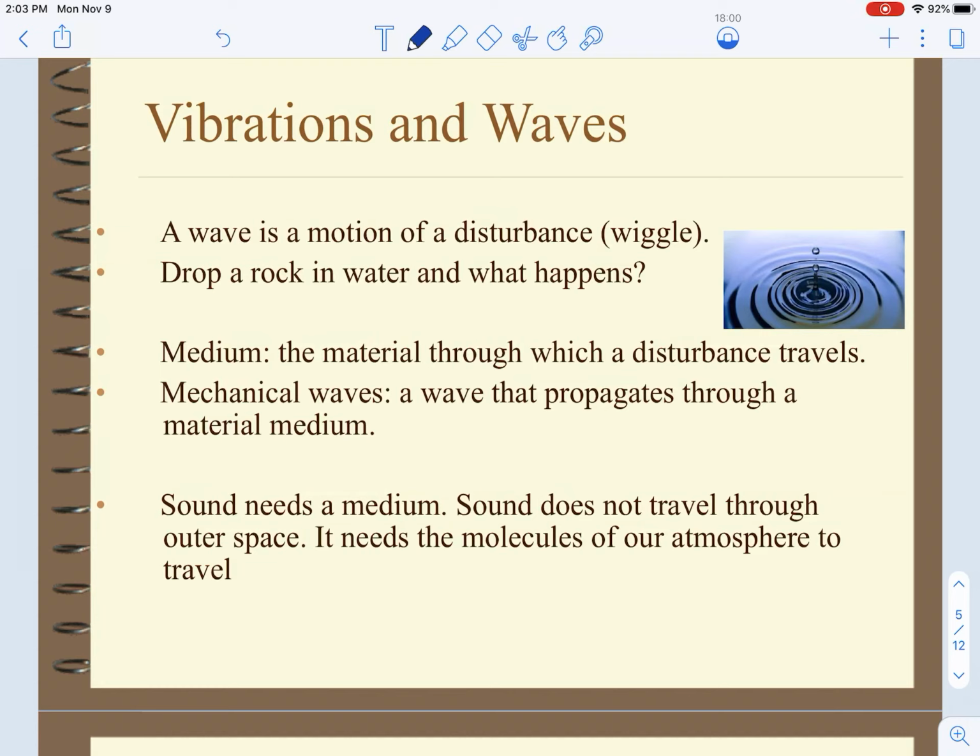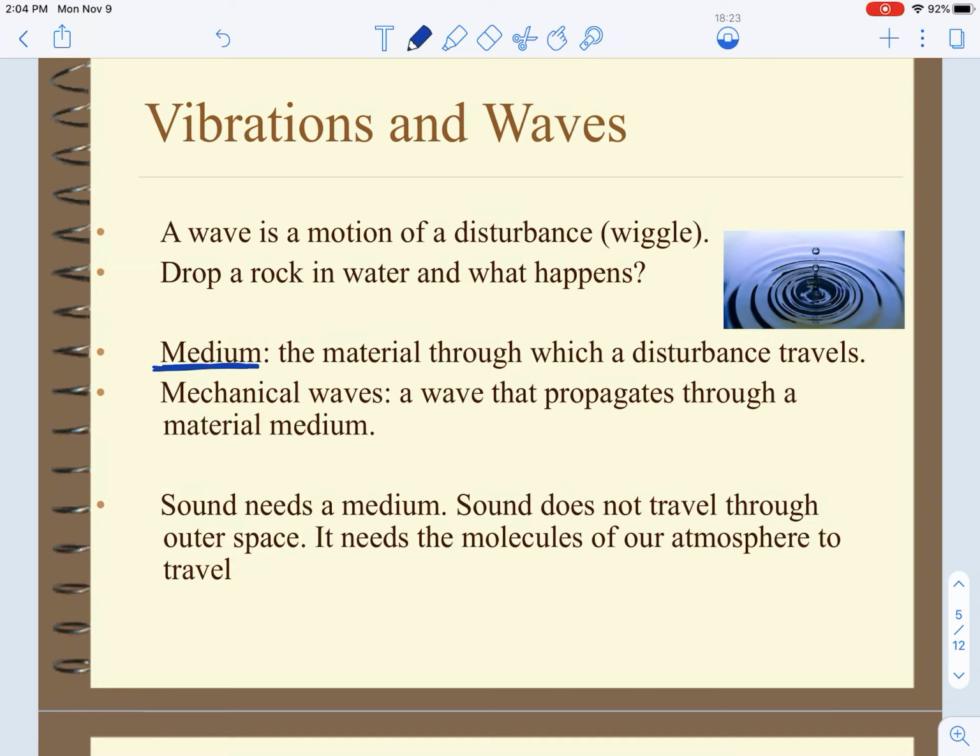All I want to say right now is that you need to remember that in real life, motion is three-dimensional in many cases, right? So when we are talking about this idea of a wave and disturbing or sending a wave out, I want you to remember this image and that it moves out in all directions, okay?